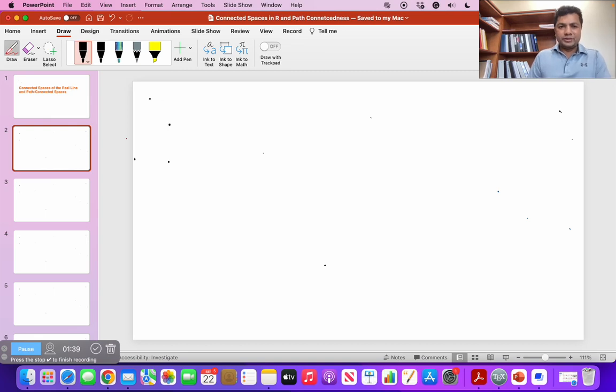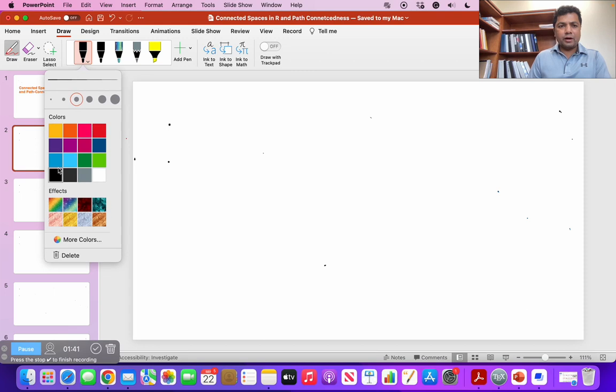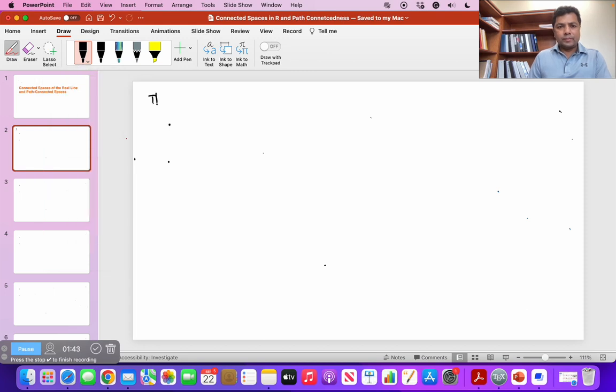So here is the statement of our theorem. This theorem will describe all the connected subspaces or subsets of the real line.